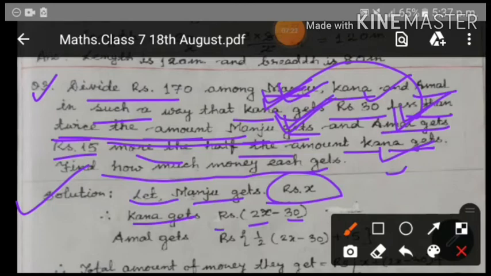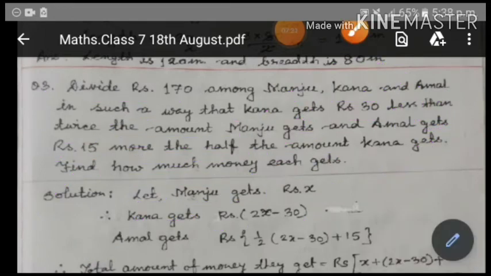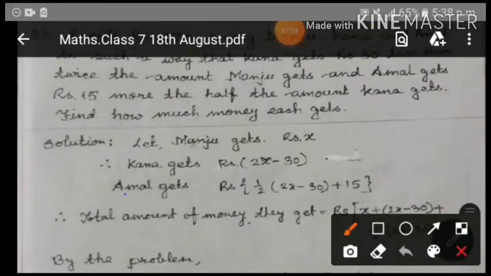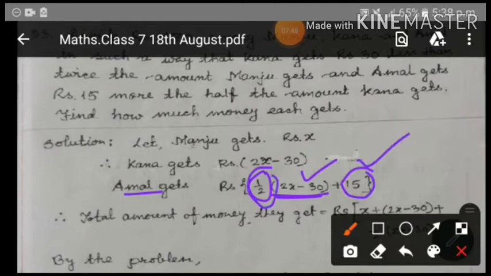Amal will get 15 more than half the amount Kana gets, so Amal will get half of 2x minus 30, plus 15.